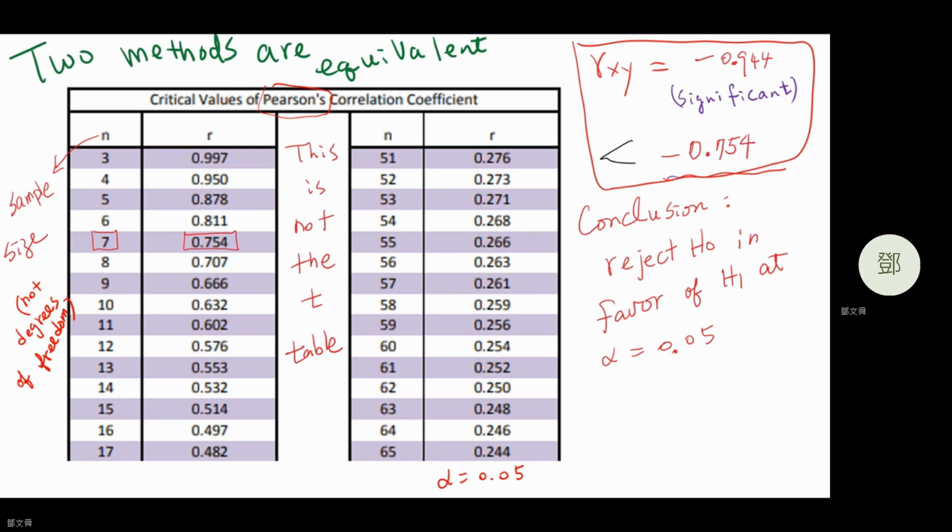Now let me check it out. 0.754 times the square root of 5 divided by 1 minus... Not the same.